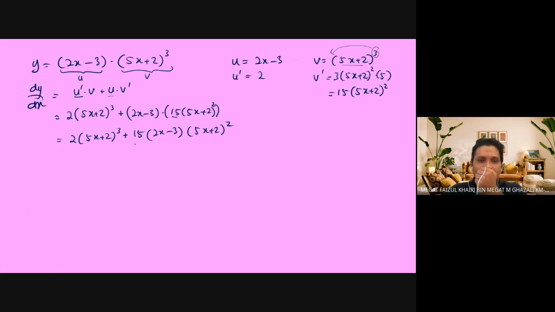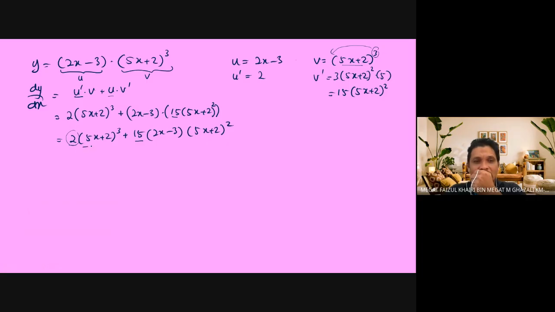So 2(5x plus 2) cubed plus 15(2x minus 3)(5x plus 2) squared. Do we have a common constant? 15 and 2, one is even and the other is odd, so we can do nothing. We just leave it like that.